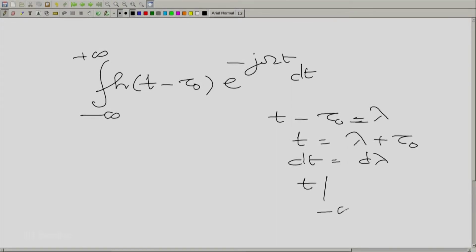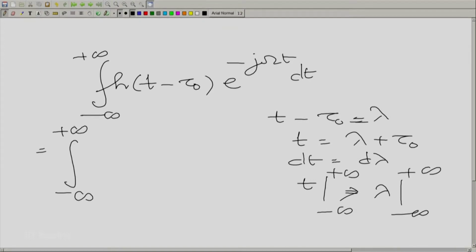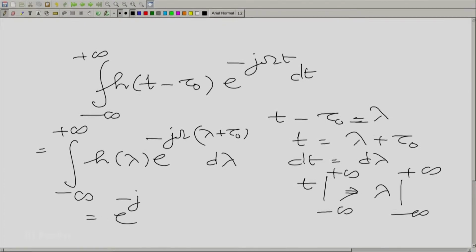And when t runs from minus to plus infinity, lambda also runs from minus to plus infinity, and therefore, this integral simply becomes minus infinity to plus infinity h lambda e raised to the power minus j omega times lambda plus tau 0, d lambda, which you can now separate. So, you can bring e raised to the power minus j omega tau 0 outside and leave the rest inside, h lambda e raised to the power minus j omega lambda d lambda.